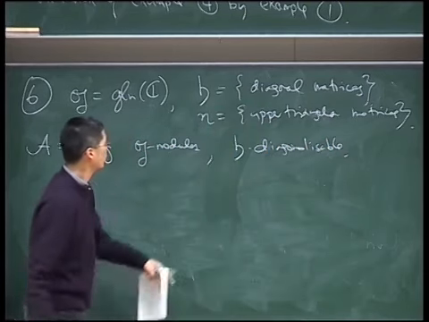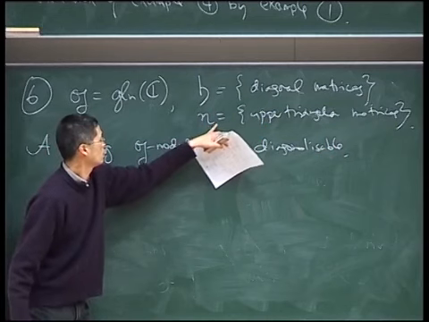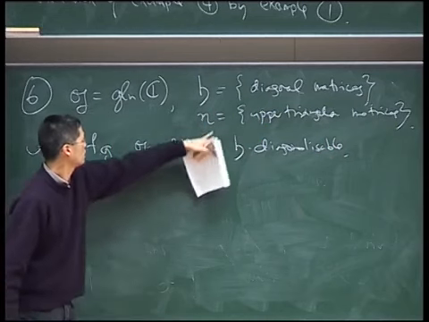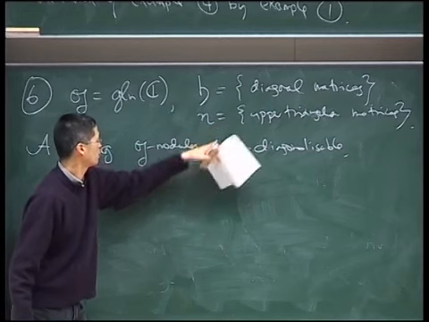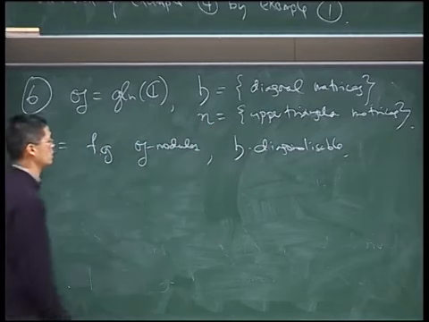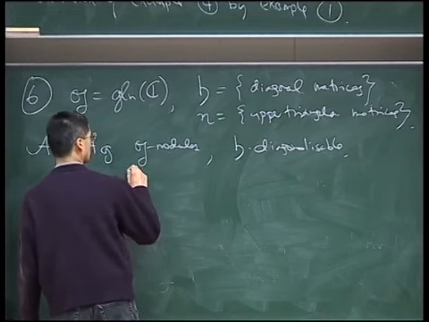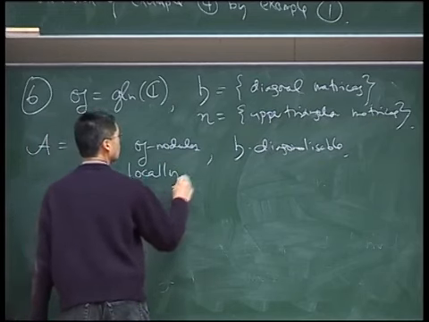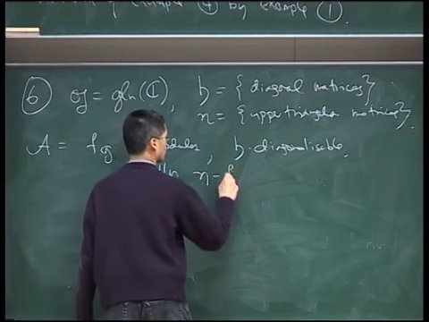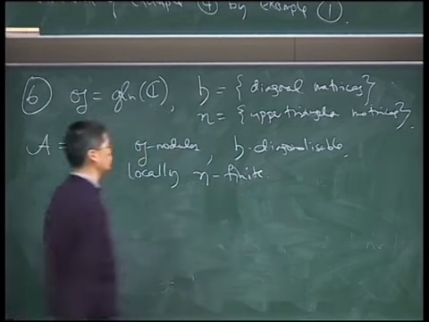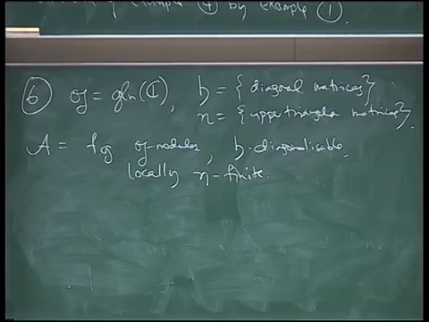And such that the n submodule generated by any vector is finite dimensional. So it's locally n finite. Okay, so this is just the BGG category O for GLN.